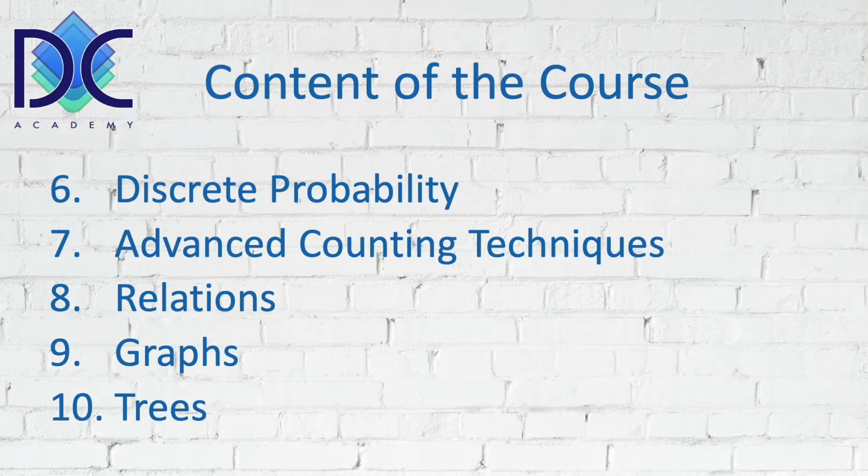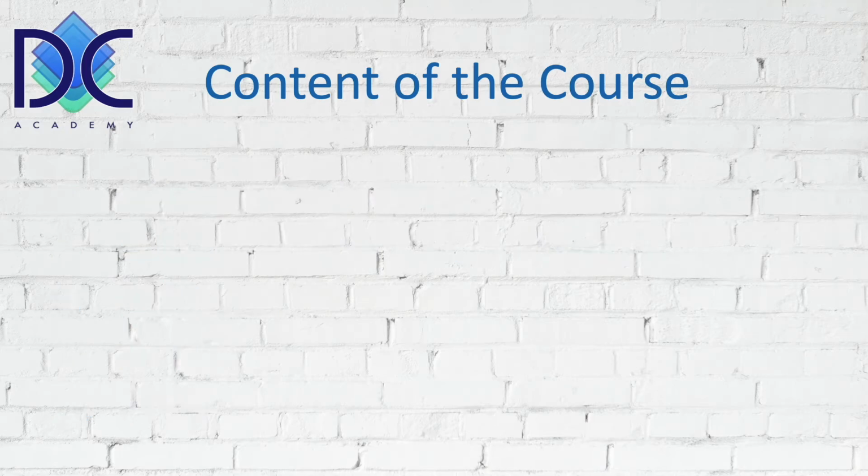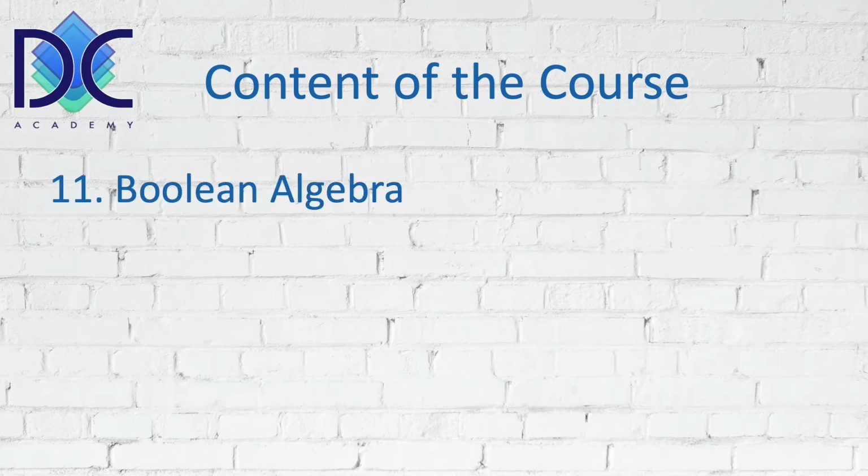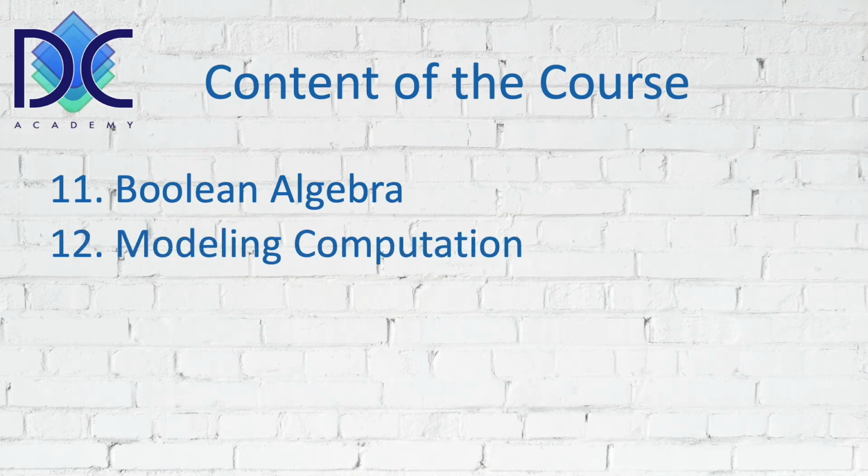And like I already stressed, all these things will be very important for you to understand to resolve these specific problems. We continue with Boolean Algebra and OR and NOR gates, how to find out how the systems work, the logic of those systems. And finally, we finish the course with modeling computation.